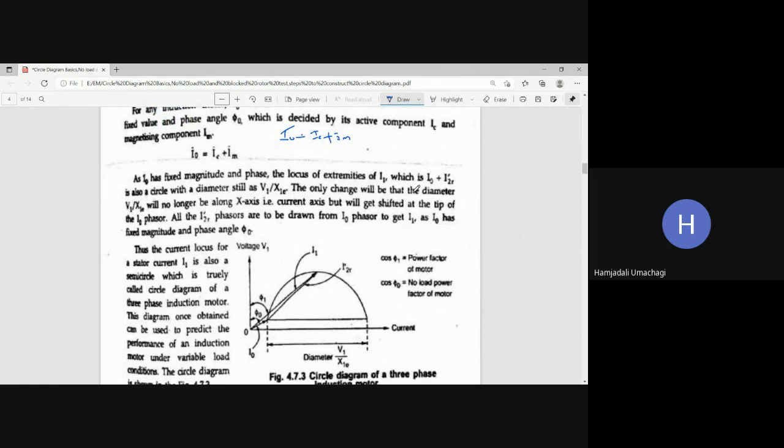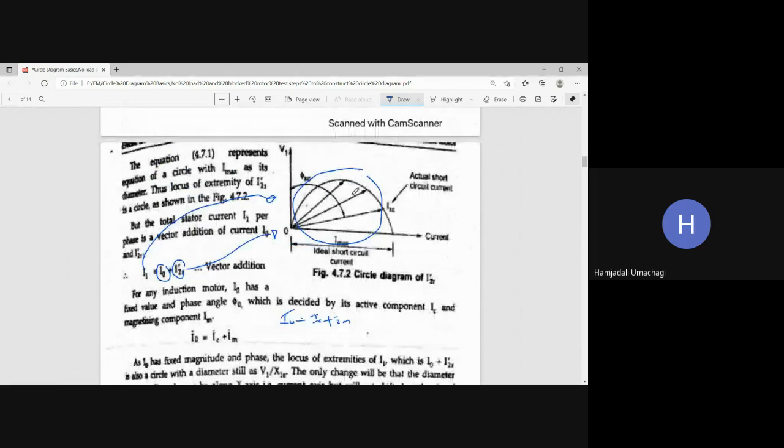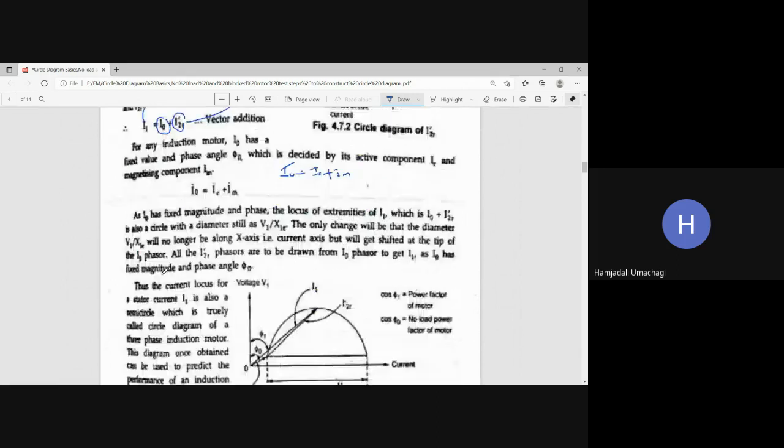The only change will be that the diameter V1 by X1e will no longer be along the X-axis. Here the diameter will no longer start from the X-axis, that is X equal to 0. If I want to represent the circle diagram for stator current, it is a vector sum of I naught plus I dash 2R. So instead of starting the current phasor from the x-axis, it will be starting from the tip of the no load current I naught. That is how you can see here.